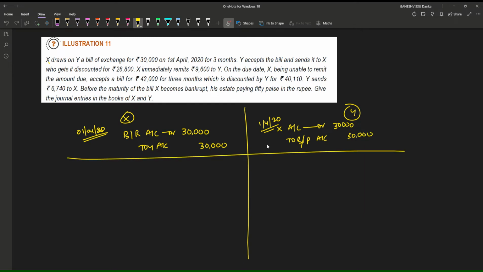This is the first entry which we are going to write. And Y accepts the bill and sends it to X, okay, who gets it discounted for 28,800.